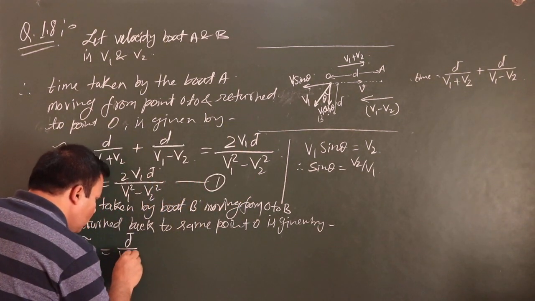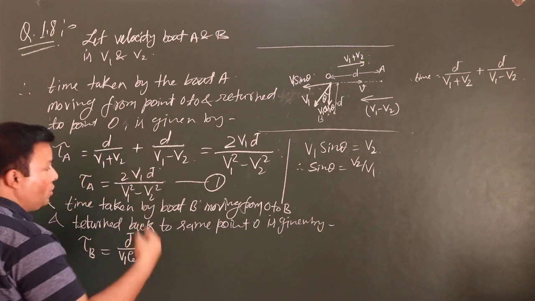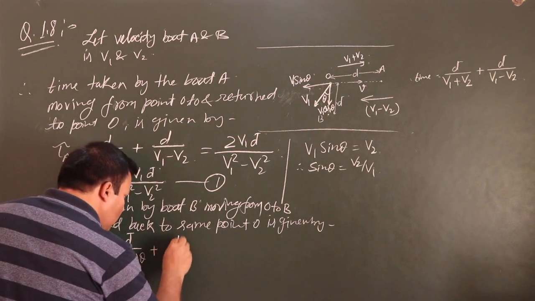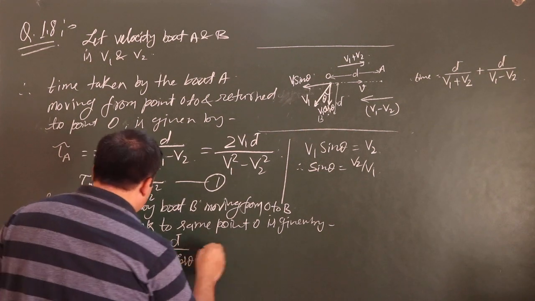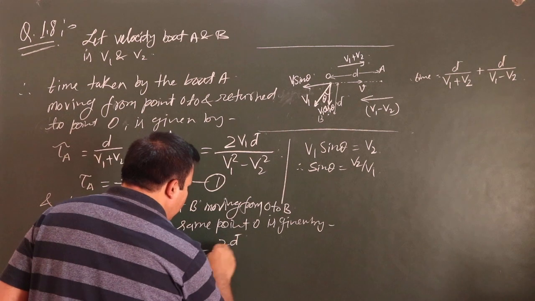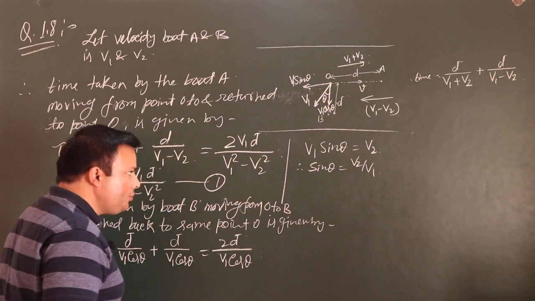Velocity is V1 cos theta, and for moving B to O it is also D by V1 cos theta. After solving, we get 2D upon V1 cos theta.